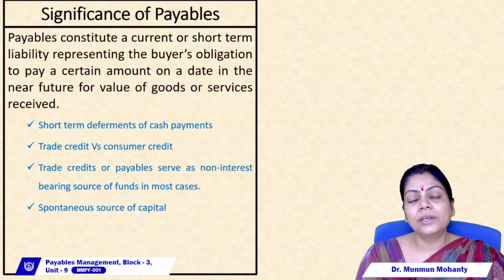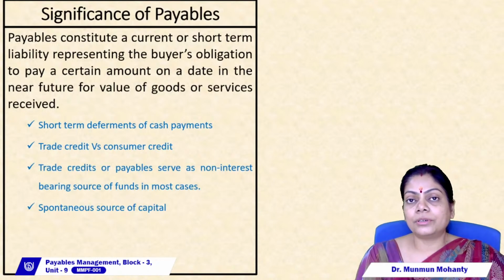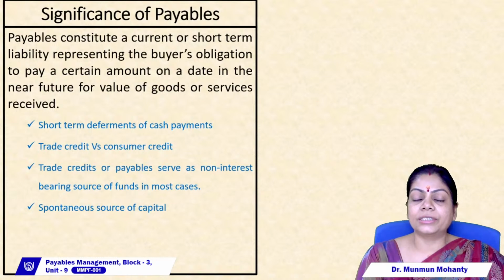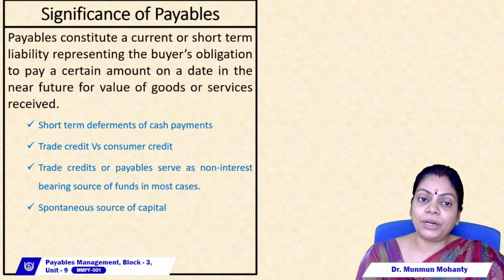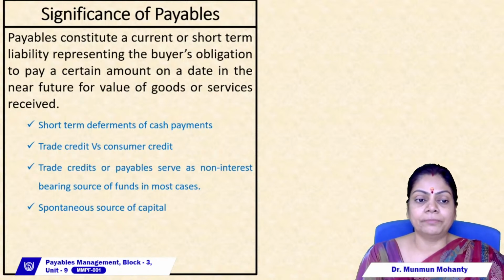Suppose you have procured raw material from your supplier to the tune of, let us say, 10 lakh, and you have promised him that you will pay the dues of 10 lakh within 40 days. This means that you have created a current liability on yourself, and your supplier has given you the trade credit. So, you are required to pay that 10 lakh within 40 days.